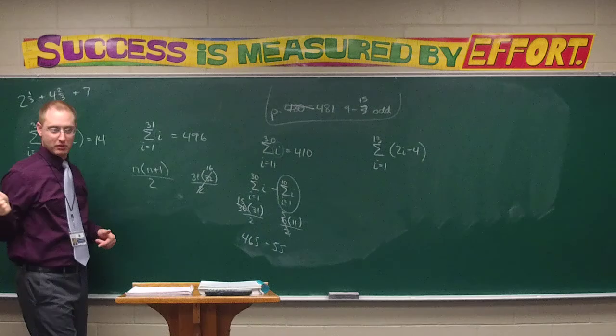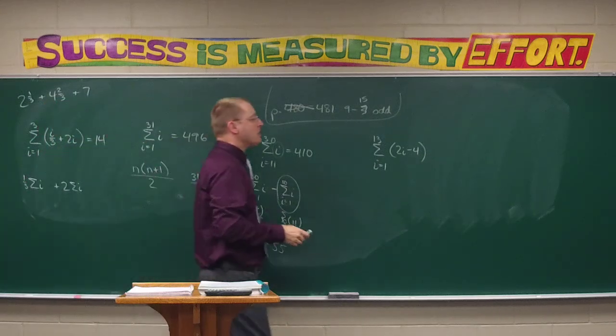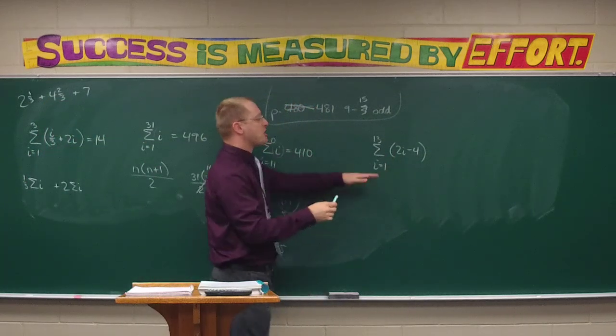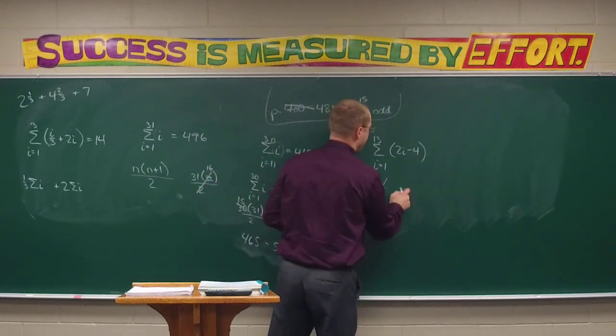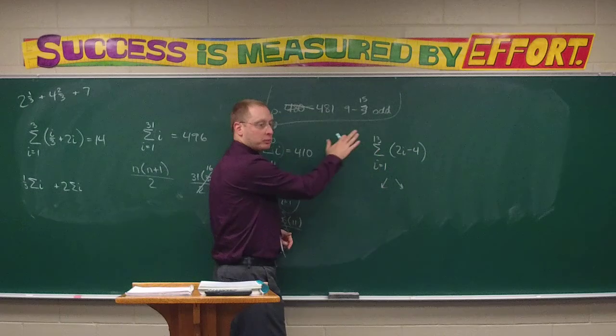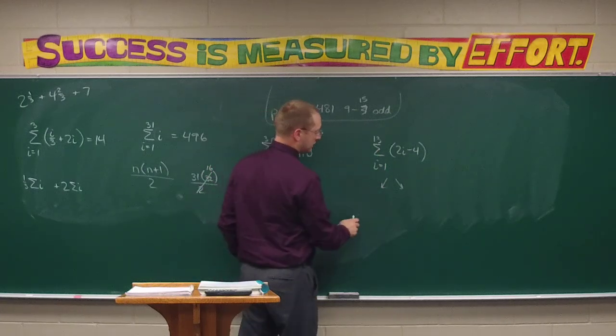Okay. All right, and then the last one here. This one we do, since it's 1 to 13, I don't want to plug in 1 all the way to 13. So here I will split this up. And what does this end up being rewritten as, Genesis?